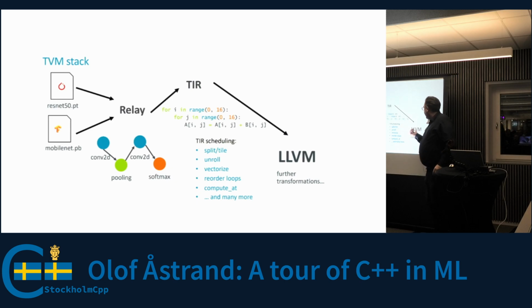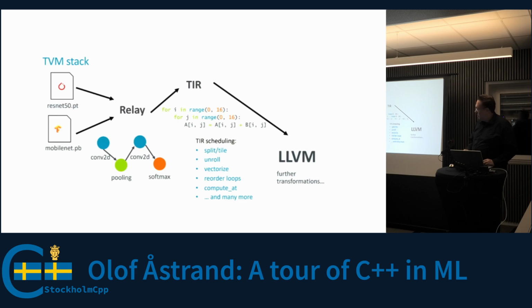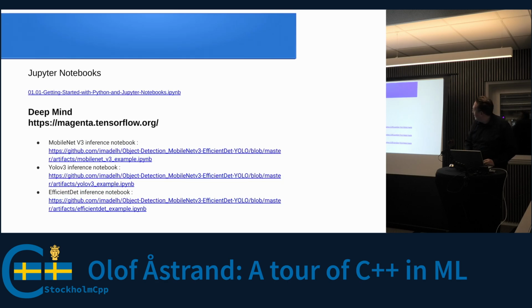If you worked with LLVM, you know about intermediate representation. TVM does auto-scheduling that tests different combinations to see which one is the fastest. And then you will use LLVM at the end to generate the machine code. So how to do it.